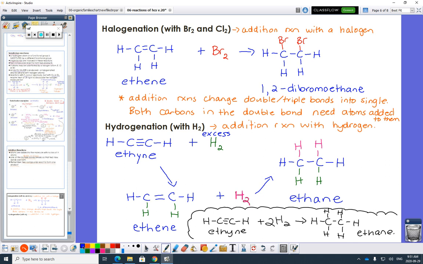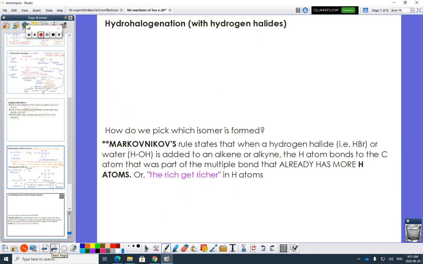Okay. So what happens when you have something like a hydrogen halide? Again, those would be like, that is supposed to be an R. And we're going to see this again when we make alcohols in the next lesson.